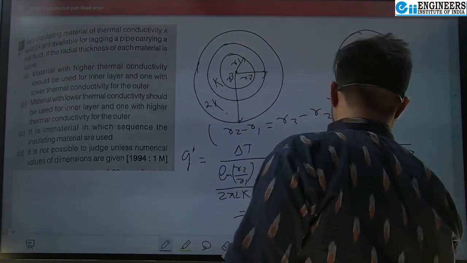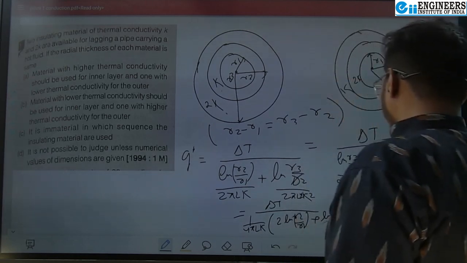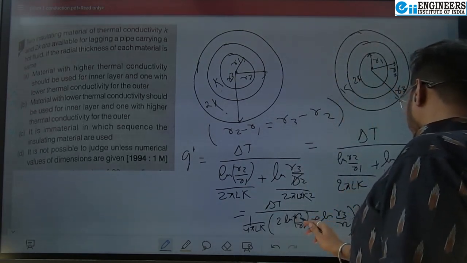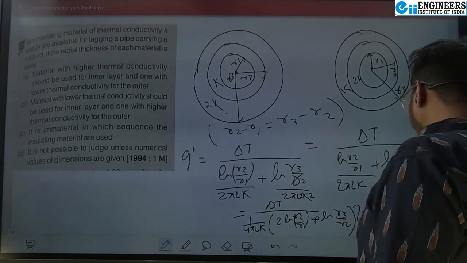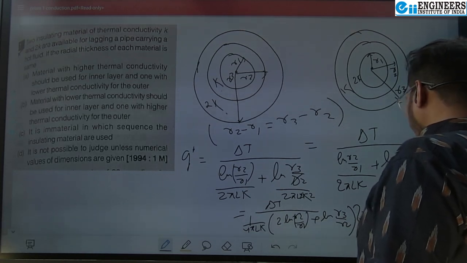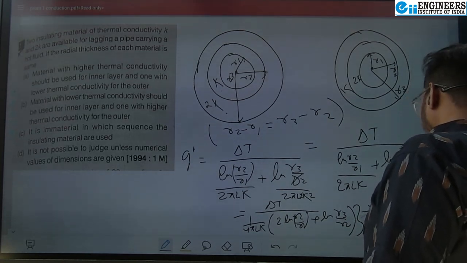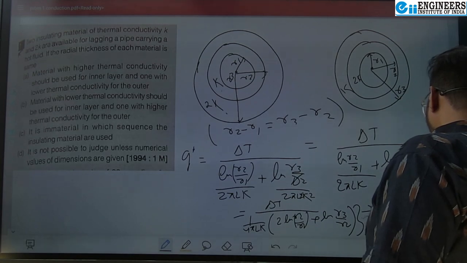So this factor I can simply write as ln of R2 square by R1 into R2 square into R3 by R1 square into R2.